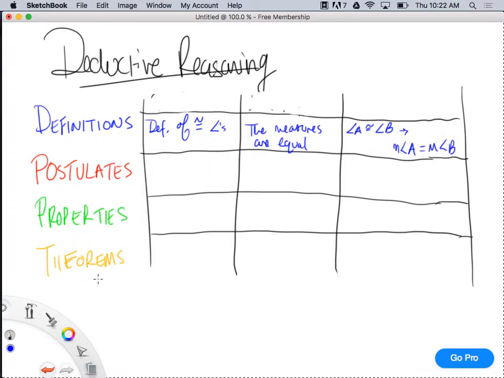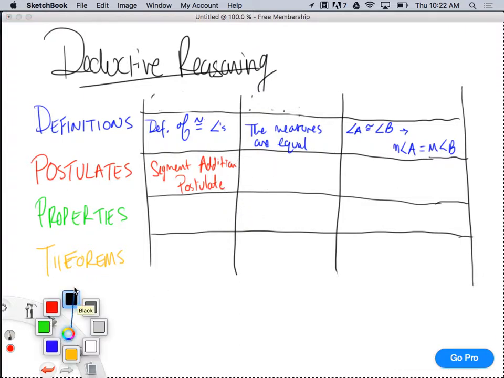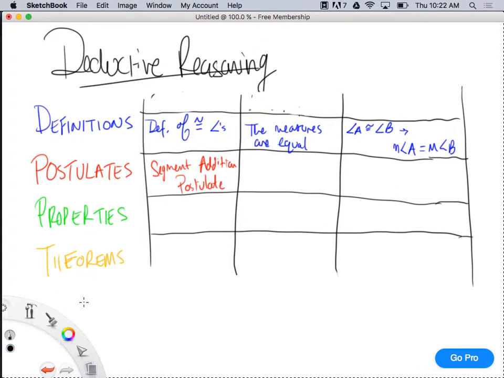Well, what's a postulate? A postulate could be the segment addition postulate. Okay. And what does the segment addition postulate say?